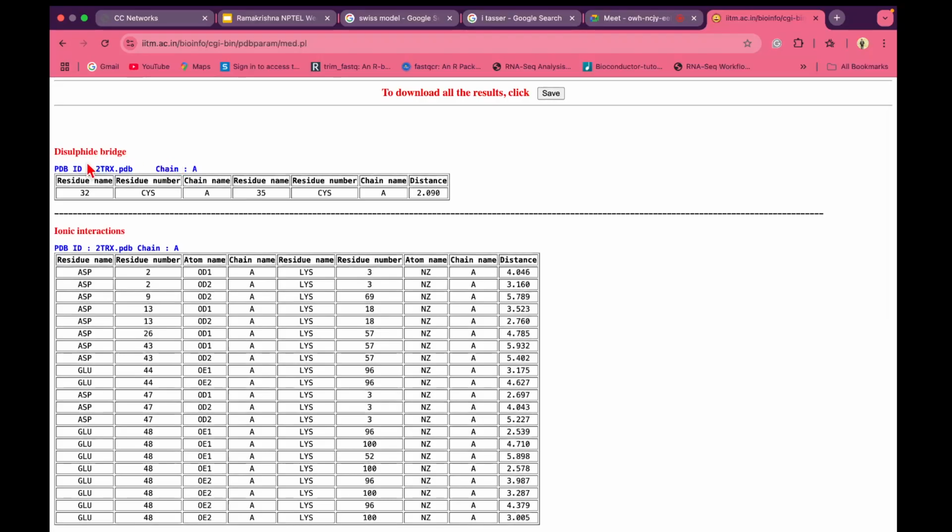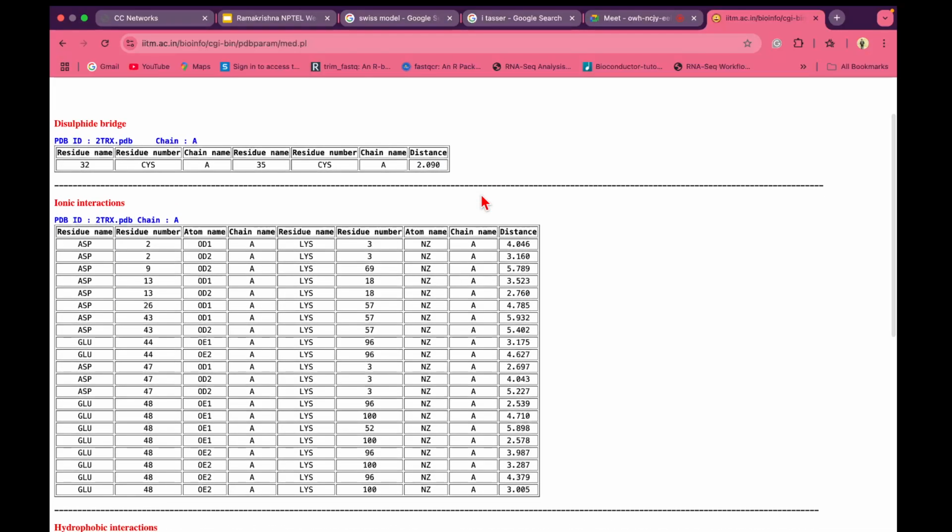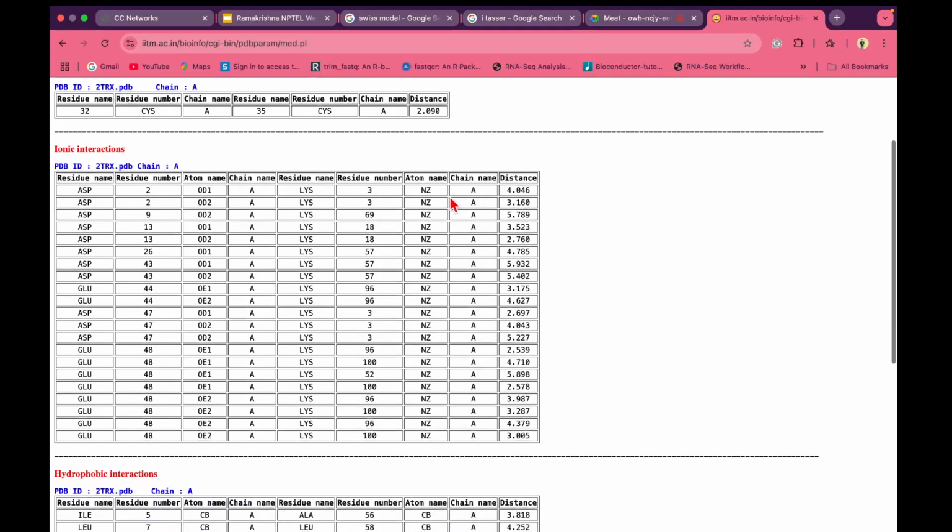Under disulfide bridges, we have one disulfide bridge that is formed between the cysteine residue at position 32 and cysteine at 35. The bond length or distance of this disulfide bridge is approximately 2.1 angstroms. Then we have a set of ionic interactions.